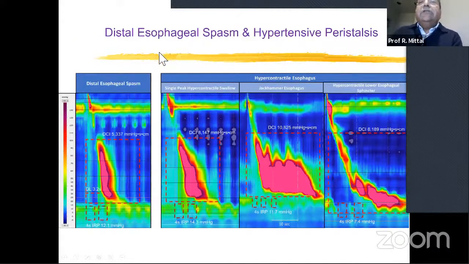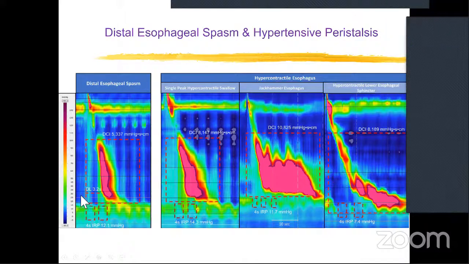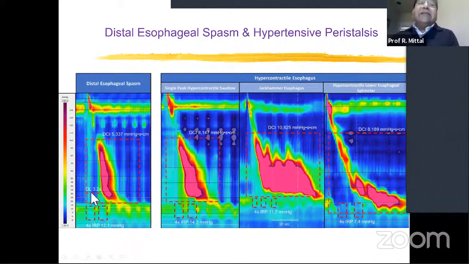Then come the disorders where the IRP is normal but you have problems localized to the body of the esophagus. One of the things we look at in the body of the esophagus is the distal latency. Normally distal latency should be more than 4.2 seconds. Here it is 3.2 seconds, and along with that we look at a DCI of more than 5,000. So this is esophageal spasm.